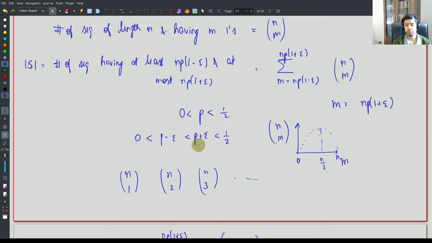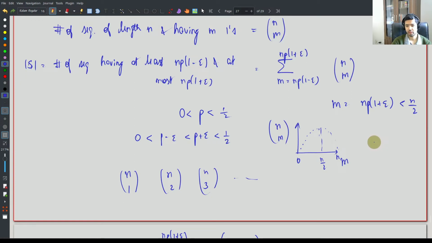So that's why, right? I'm assuming that p plus epsilon is less than half. So this ensures that p into 1 plus epsilon is also going to be less than half. So np into 1 plus epsilon is going to be strictly less than n by 2.